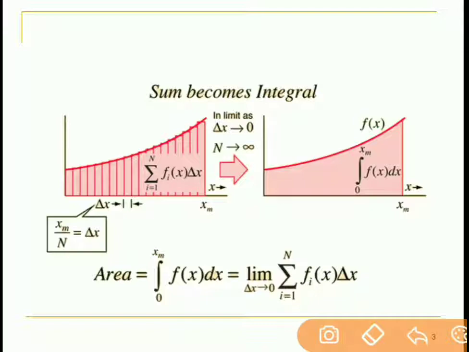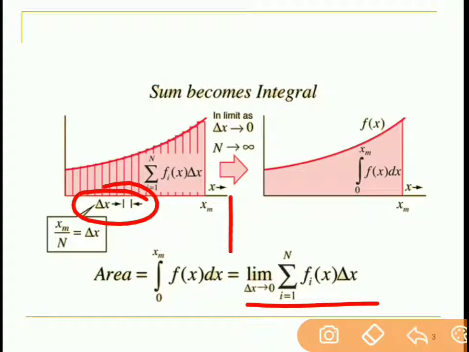Now this can be simplified into the limit as delta x tends to 0 of sigma f(x) into delta x. If we take this strip as a very small strip such that delta x tends to 0, then this distance will be very small.